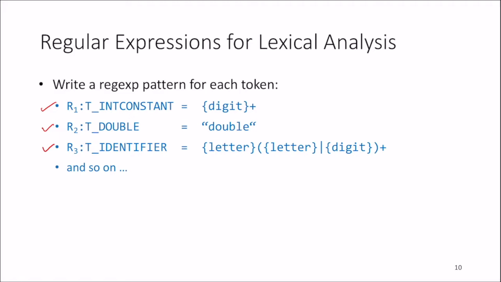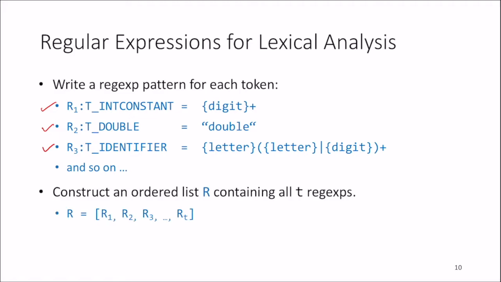You might have hundreds of tokens in your programming language, and you would write one regular expression for each token. Then you have to construct an ordered list, and we'll see why this list needs to be ordered. It's important that it is an ordered list R containing all of the T regular expressions. I'm assuming that there's some number T of regular expressions for the T tokens in this programming language.